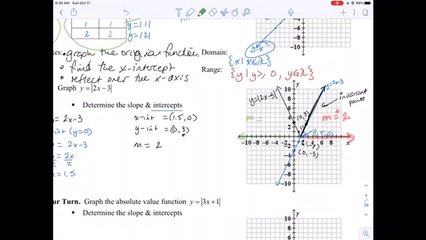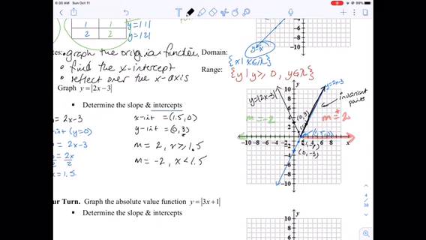So we can actually say that our slope is 2 when x is greater than or equal to 1.5, the x-intercept, and our slope is negative 2 when x is less than 1.5. And some of you might be wondering, where do you put the equal sign? The equal sign goes with the overlap.